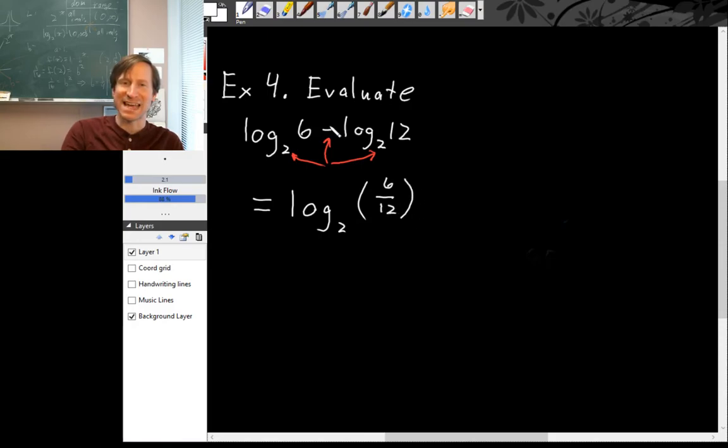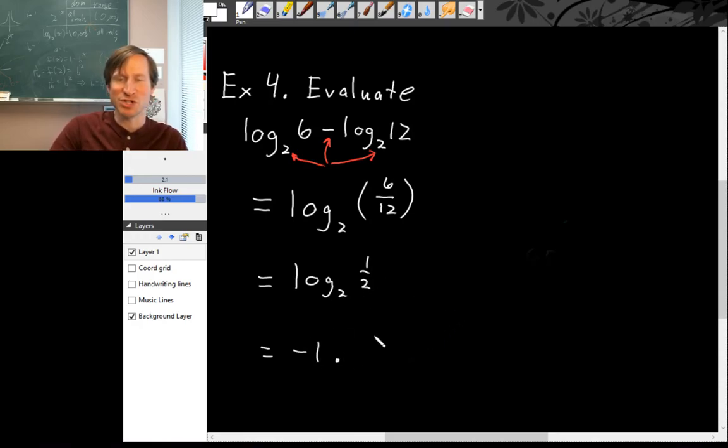Again, the logarithm that's negative is the one that ends up in the denominator. But 6 divided by 12, that's an easy one. That's a half. And log base 2 of a half, what power of 2 would give us a half? That would be minus 1. All right, so using the quotient to difference property of logarithms makes this one pretty straightforward.